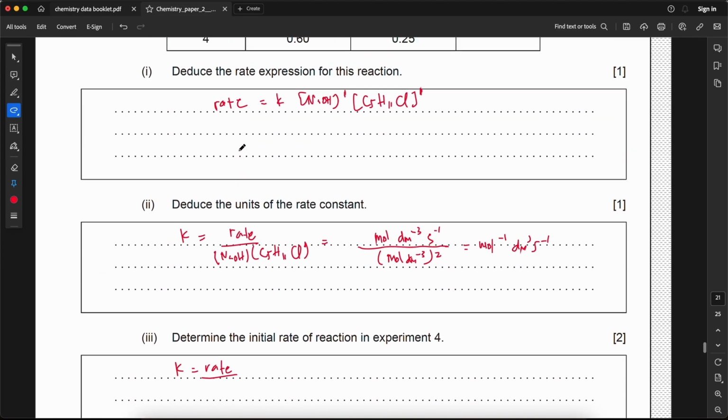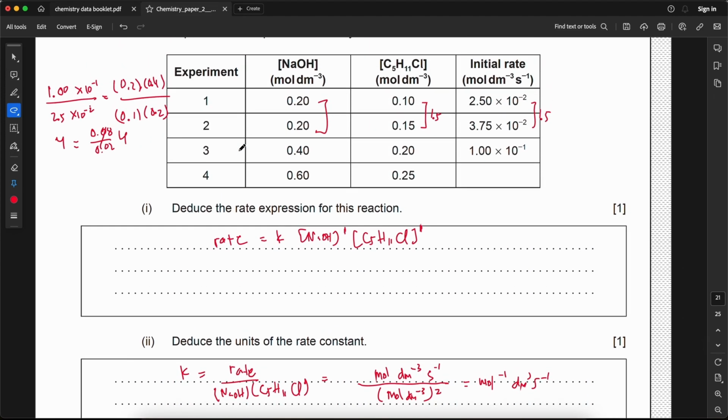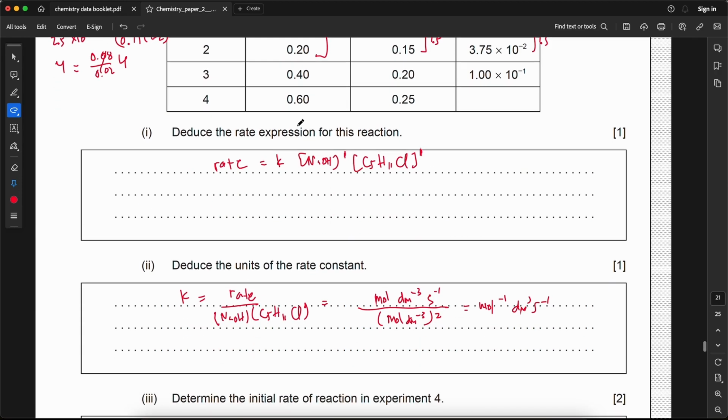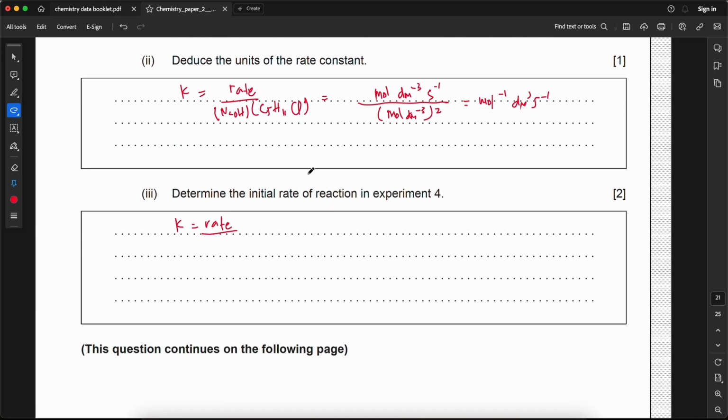So the first one is 2.5 times 10 to the power negative 2 divided by 0.2 and 0.1. I will just plug in directly.